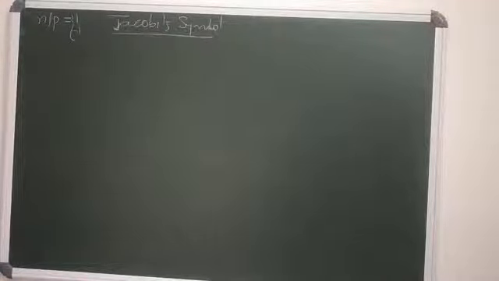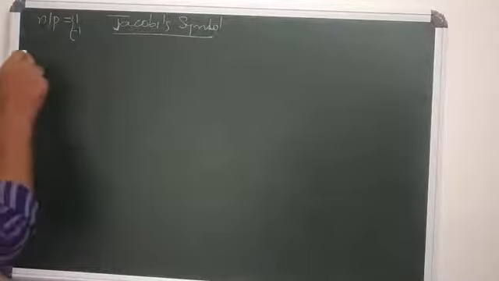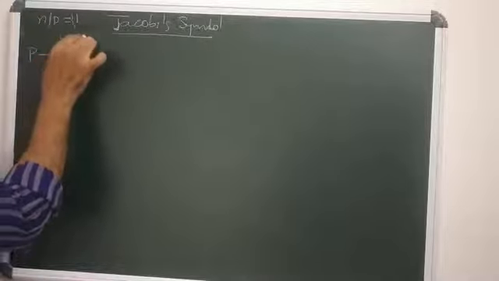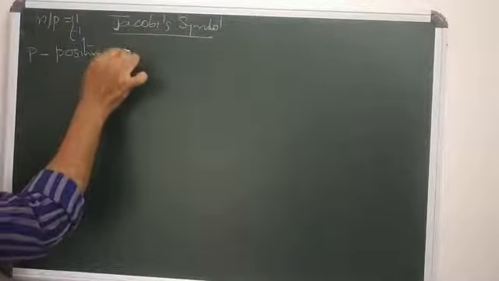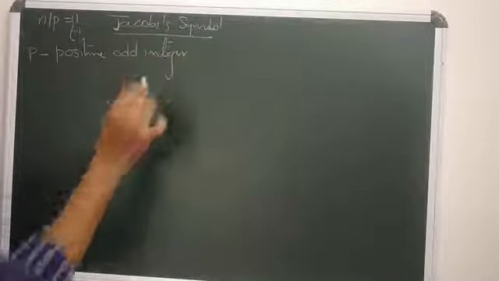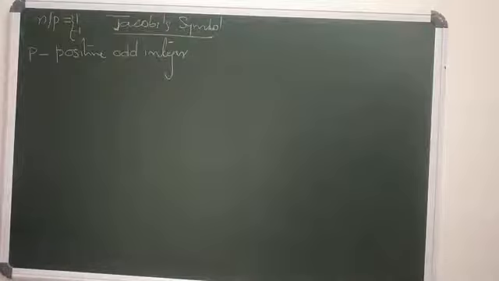But in the Jacobi symbol, we choose p to be a positive odd integer, that is p equals 3, 5, 7, 9, etc.